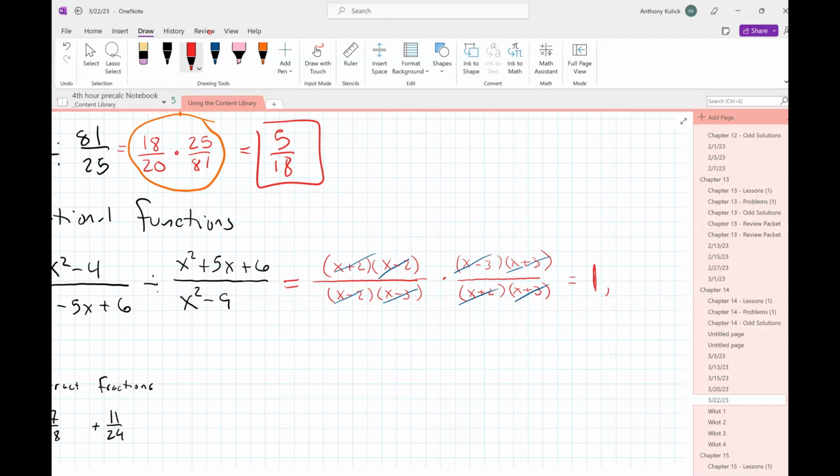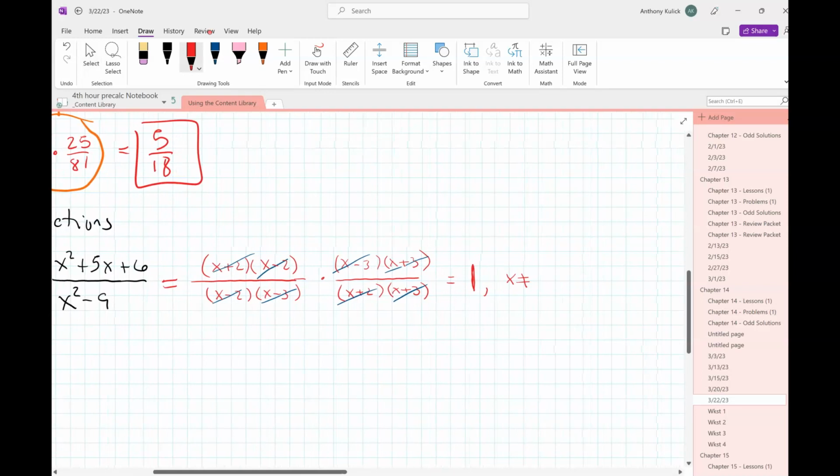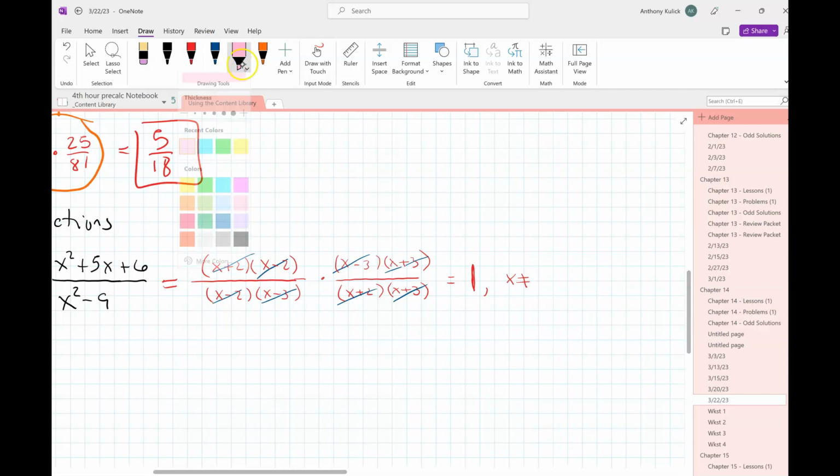Almost. What do we still need, though? The restricted values. That's the term you're searching for. Yep, exactly right. What are the restricted values going to be here? 2, 3.